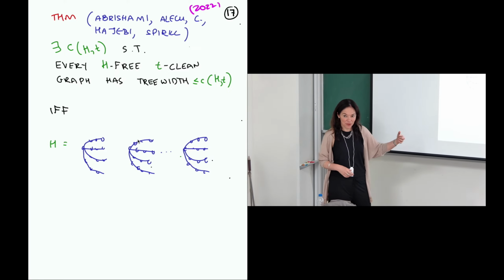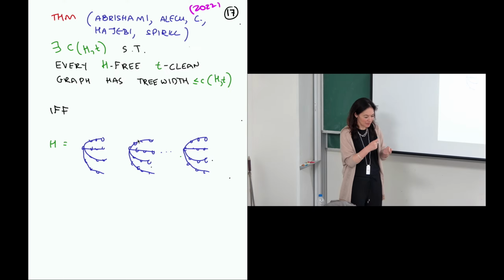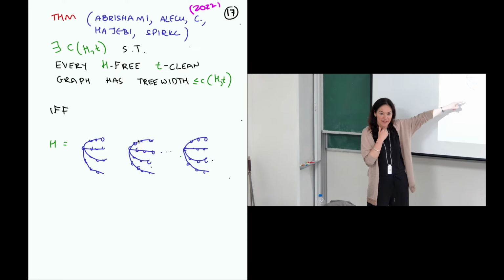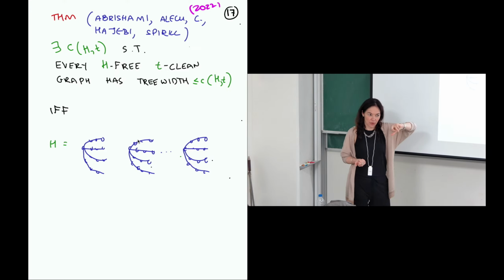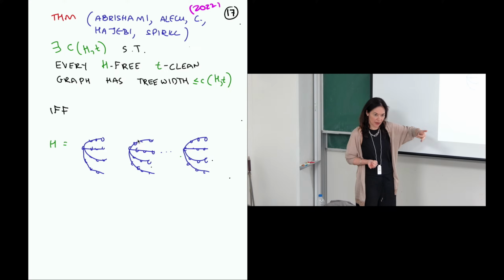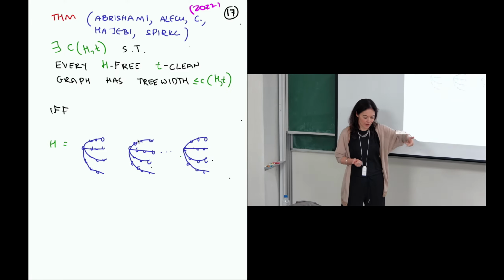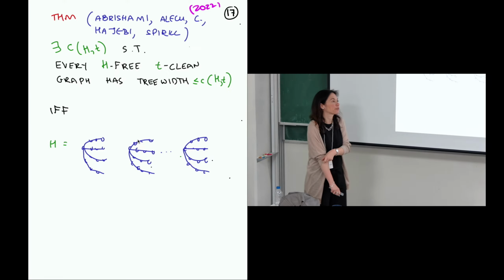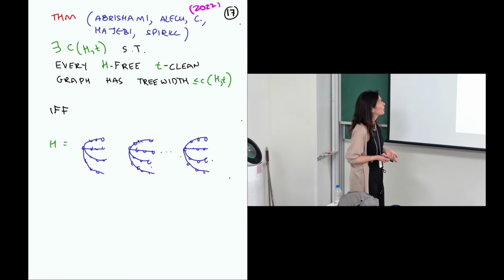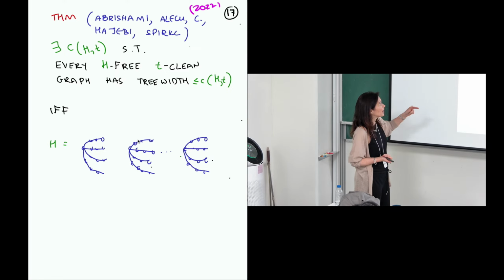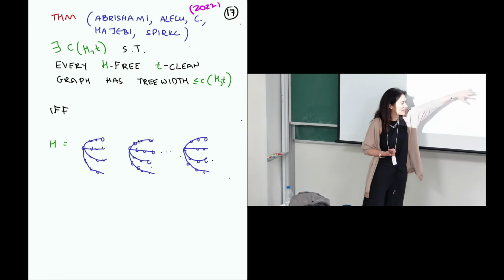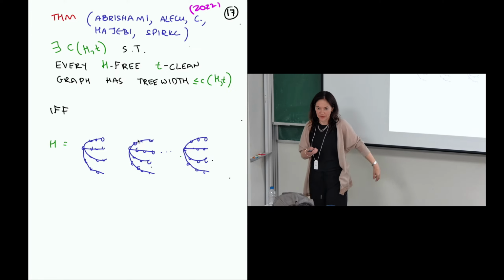The proof I just described, where you produce a KL brick and then use Ramsey to say what it must contain as an induced subgraph, tells you it must contain a graph, all of whose components is a subdivided star. For Rosen and Artgon it was a subdivided K1,C. For us it's a subdivided general star. But remember, we already forbade subdivided walls and the like. So what I just described proves that if your graph is T-clean and doesn't contain some graph that looks like this, then its treewidth is bounded.